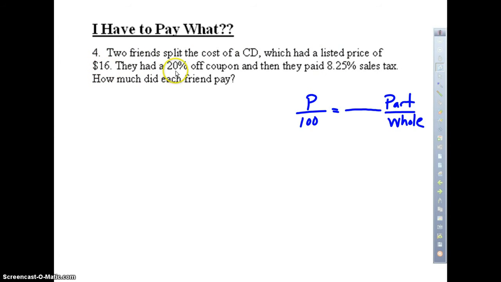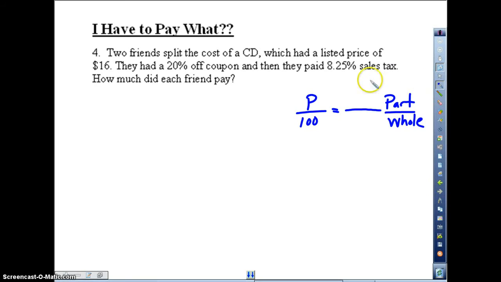They had a 20% off coupon, and then they paid 8.25% sales tax. How much did each friend pay? Don't forget at the very end, how much did each friend pay? I'm going to write this up here because the last step is going to be to divide by 2. If I don't write that up there, I forget.